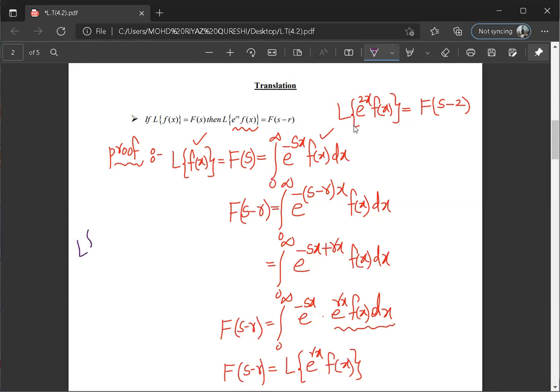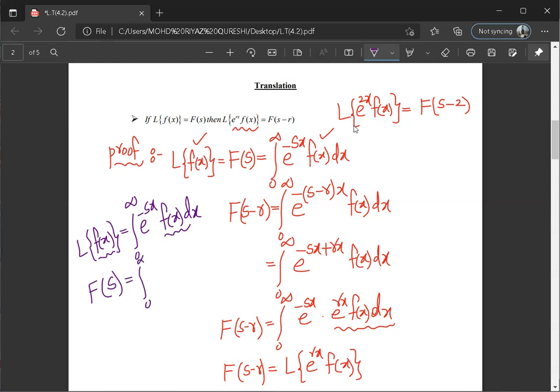What is our L of f of x value? It is the integral from 0 to infinity of e power minus sx times f(x). So the value of this bracket, the same value will be here. Similarly, this formula can also be written as f of s is equal to.